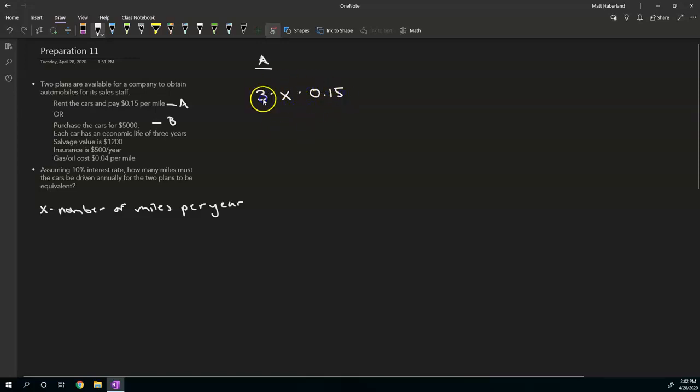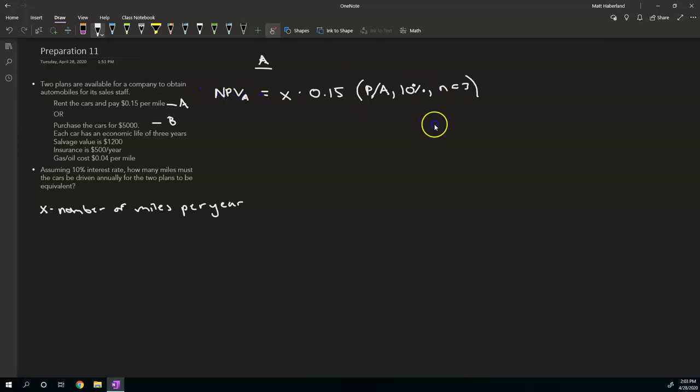But we want to calculate the net present value of that, so we can't just multiply everything together like that. It's this many miles per year multiplied by 15 cents per mile, but then we have to multiply by a discount factor that gets the present value of that annuity at an i% interest rate. We've got a 10% interest rate in this problem, and n equals 3 years. So instead of just multiplying by 3, we need to multiply by this discount factor. That gives the net present value of this option.